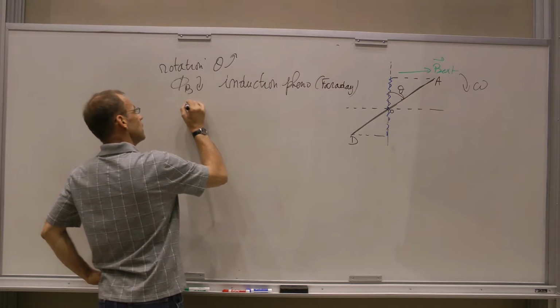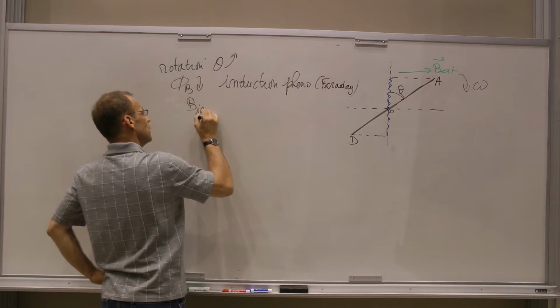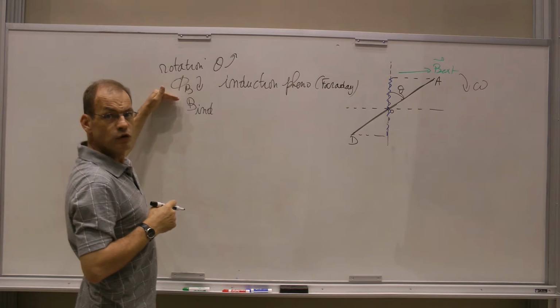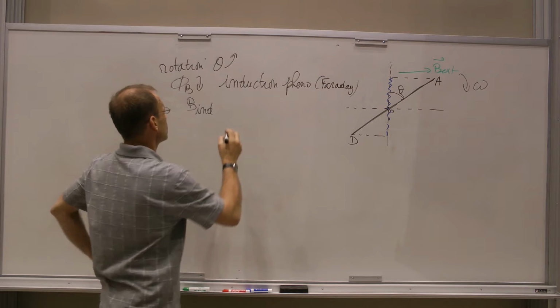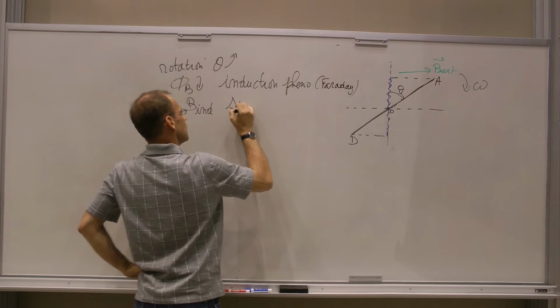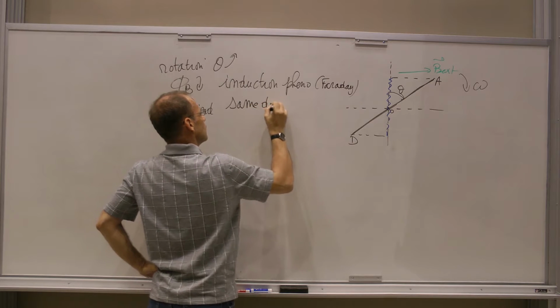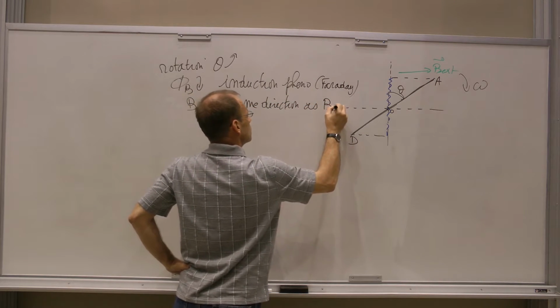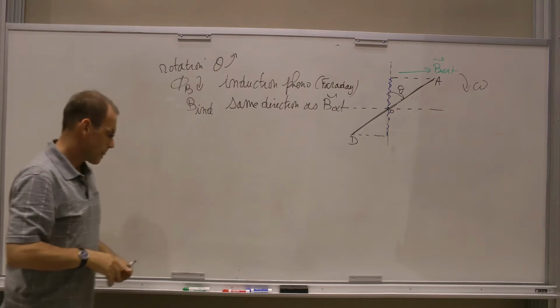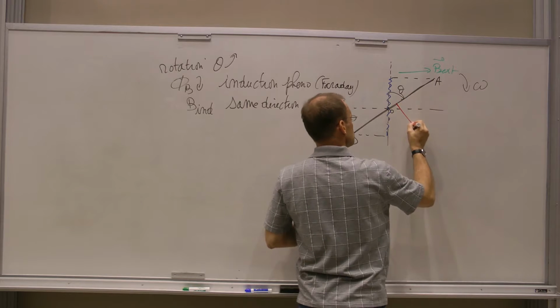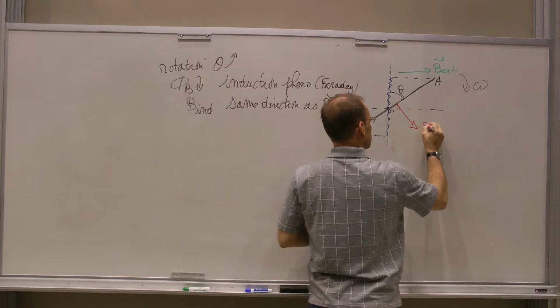That means there must be a magnetic field induced, B induced, that is trying to support the magnetic flux. That means B induced must be parallel, in the same direction as the external field. So this requires a B induced which has, of course, to be perpendicular to the loop in this direction.